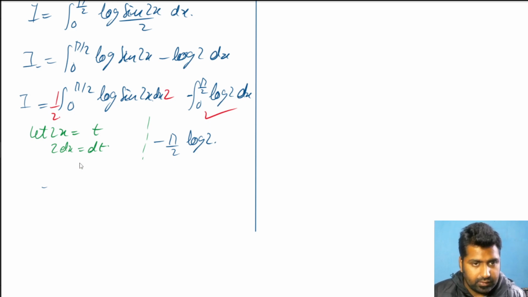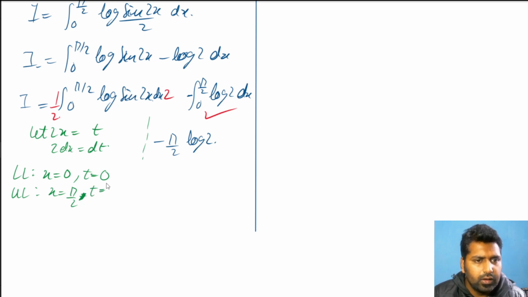This is something from the first lecture of definite integral. When x is 0, t is 2 into 0, so 0. Upper limit, when x is pi by 2, t is 2 into pi by 2, so pi.